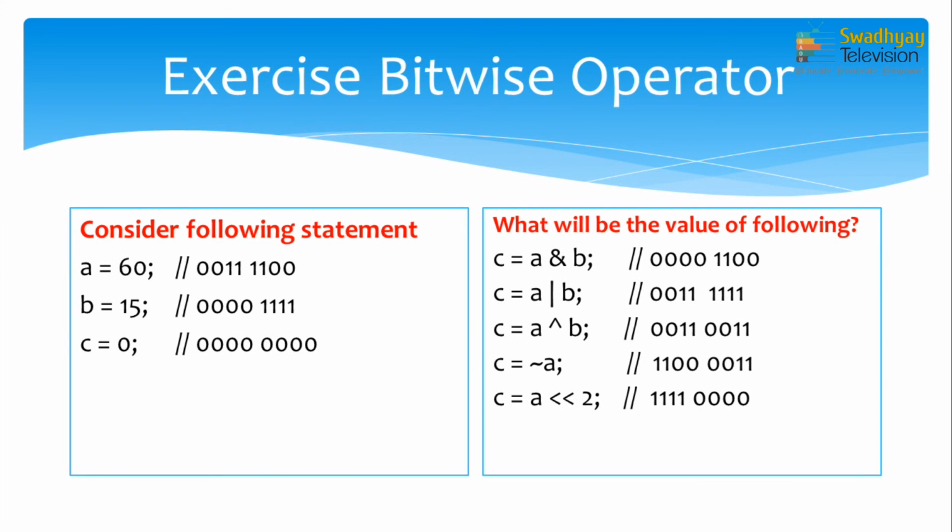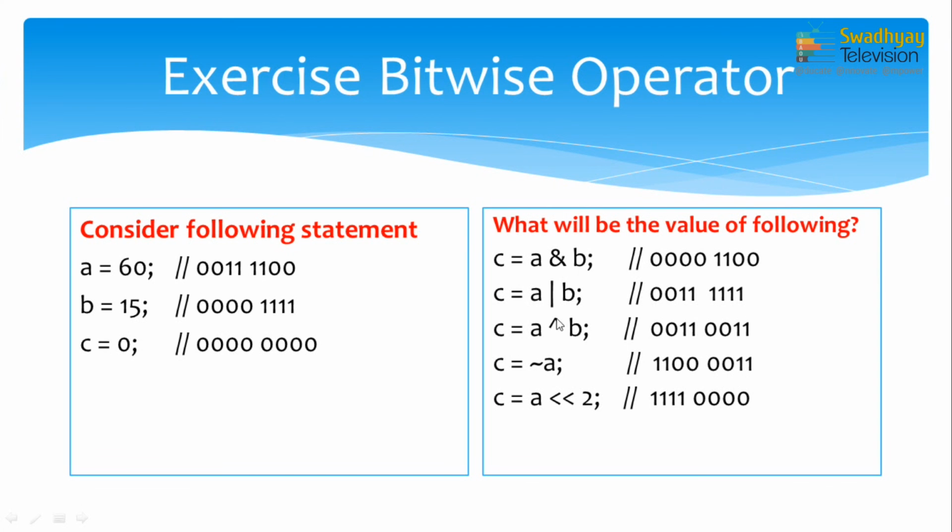Now, suppose we want to shift the bits of A left by 2. This operator will shift A by 2 positions to the left. We can see the first 0s are discarded and these 1s will be shifted 2 positions to the left side.